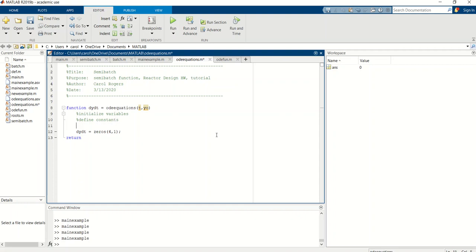We're going to write our differential equations. And then we're going to store the answers from the differential equations into dy dt.